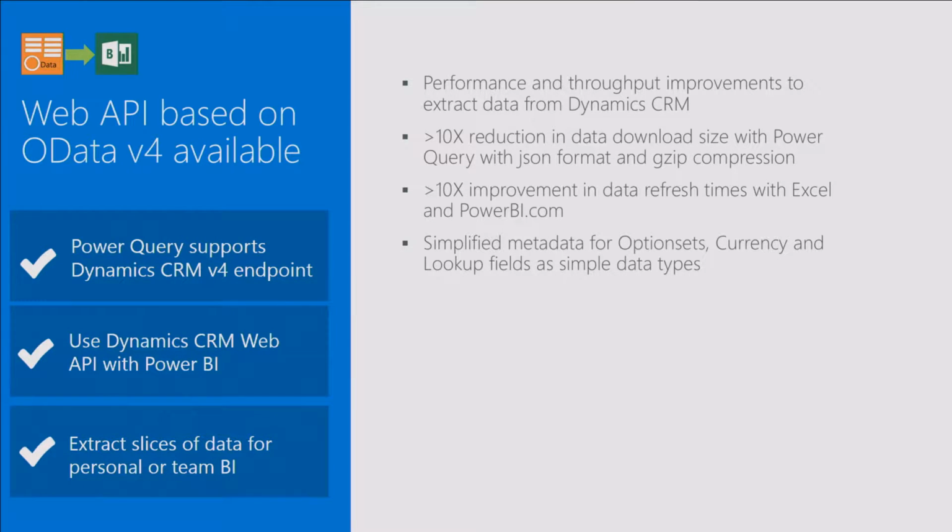That results in less volume of data shipped, but the same amount of data that's available in Power BI to analyze. Also, we have simplified metadata for option sets, currency, lookup fields, and those are available as simple data types.